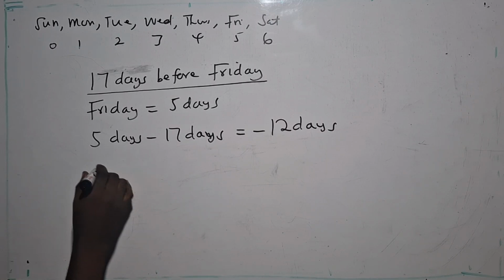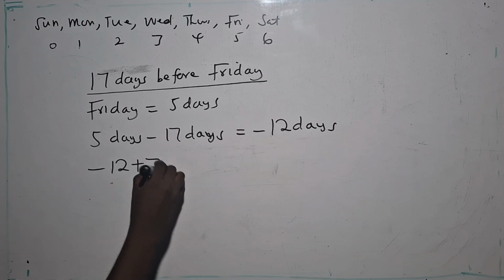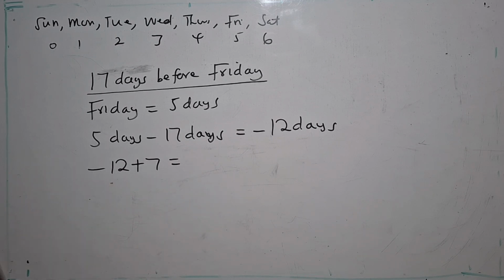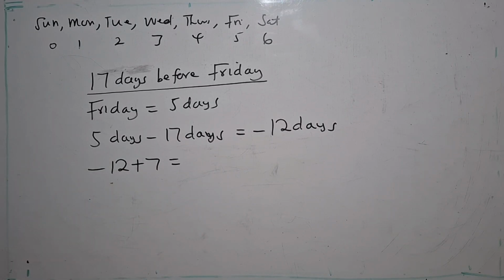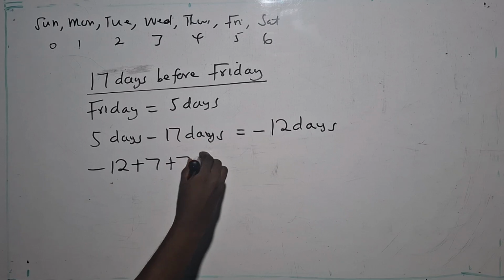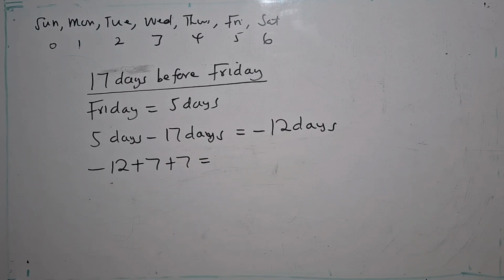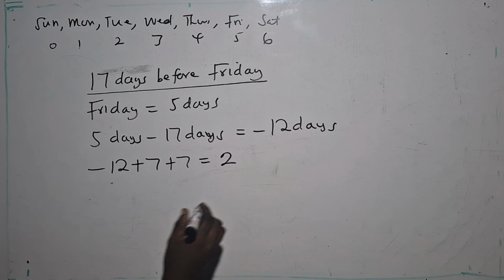So negative 12 plus 7 gives us negative 5, which is also not accepted. So we add 7 again. Negative 5 plus 7 gives us 2.